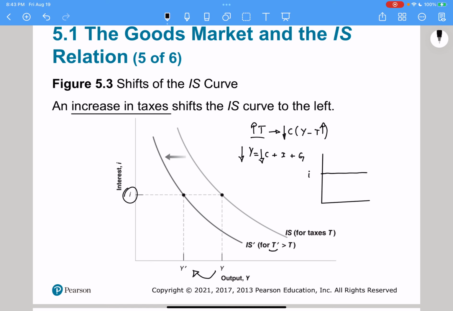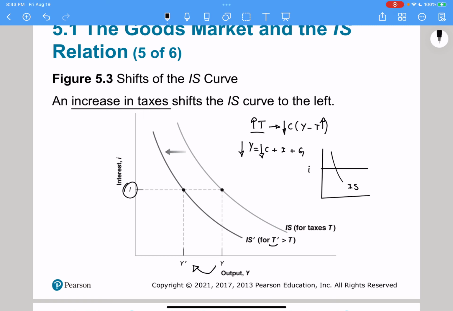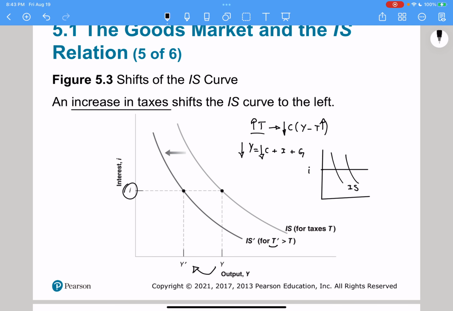The interest rate is given at this level, and here we have the IS curve, right? When we change the taxes, we are not changing the interest rate. The interest rate is the same. Let's say that I reduce the taxes. Therefore, we have this shift of the IS curve to the right.